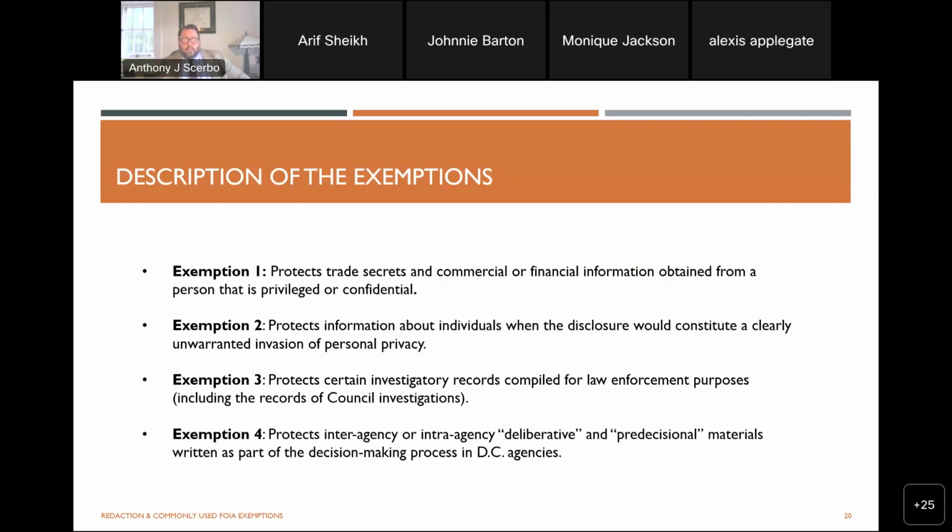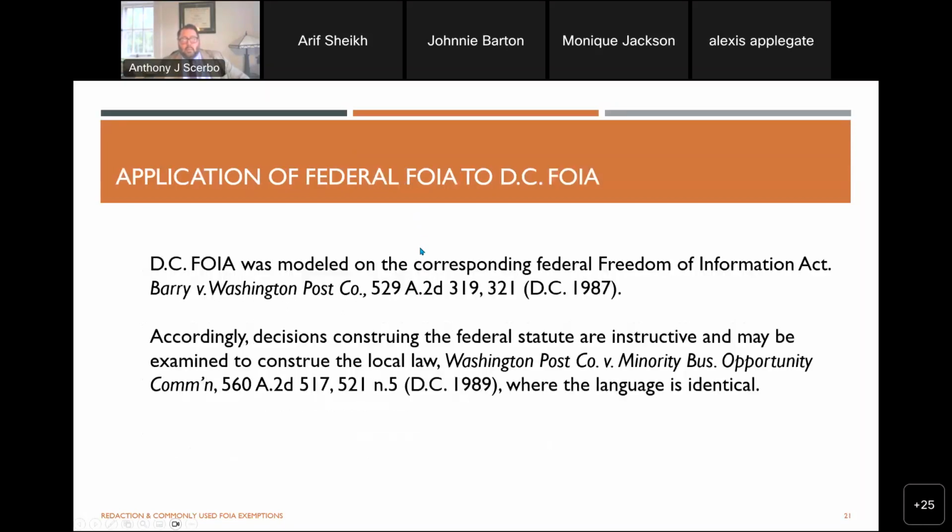Exemption 3 protects certain investigatory records compiled for law enforcement purposes, including the records of counsel investigations. And exemption 4 protects inter or intra-agency deliberative and pre-decisional materials, again, for a final decision, written as part of the decision-making process in DC agencies.